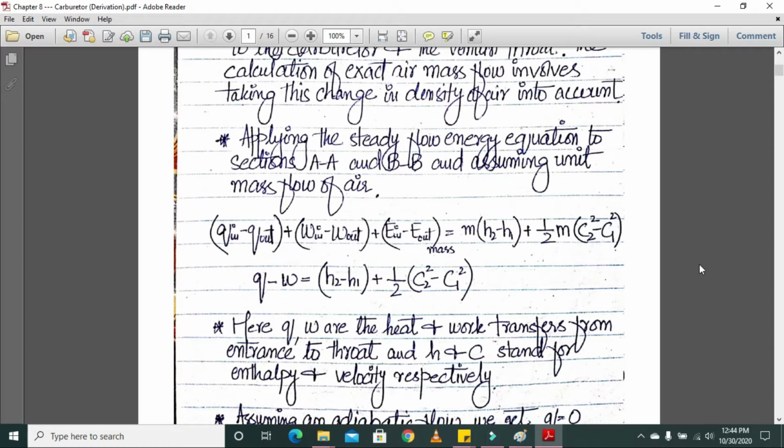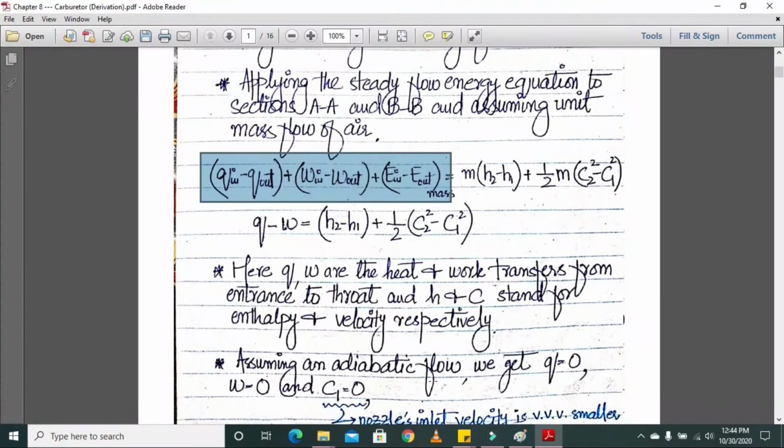So all of these terms on the left hand side of the energy balance equation will be zero in this case, because we are assuming this as an adiabatic process. So there will be no heat transfer, no work done, and no energy changes as a result of the airflow.